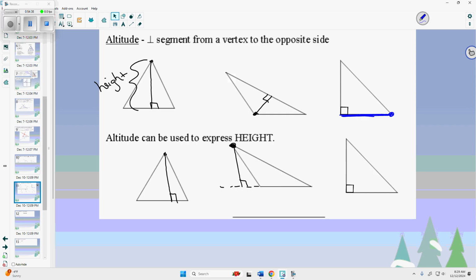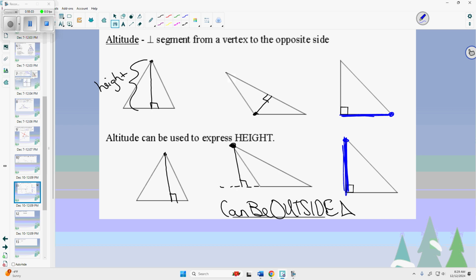So the altitude can be outside the triangle. Sometimes it's inside like the first one. Sometimes it's outside like the next one. Sometimes it's the actual side of the triangle, specifically when you have a right triangle.